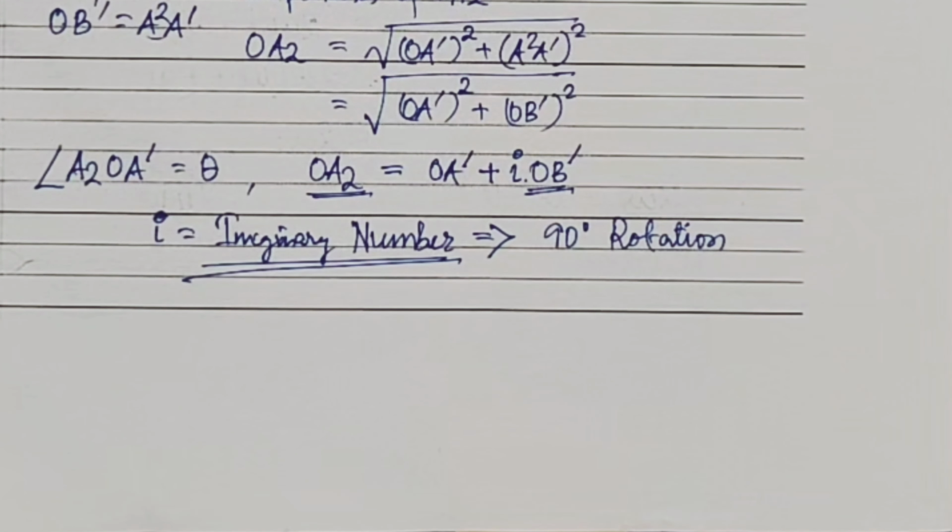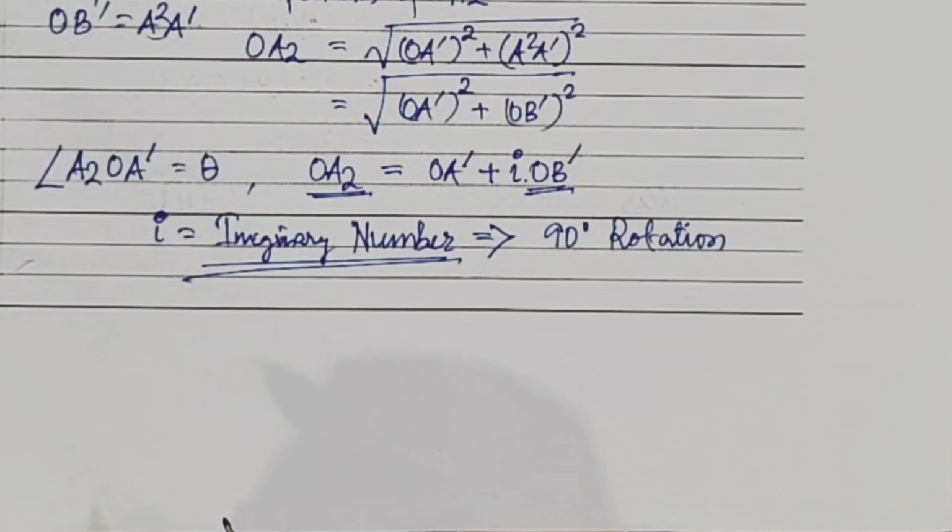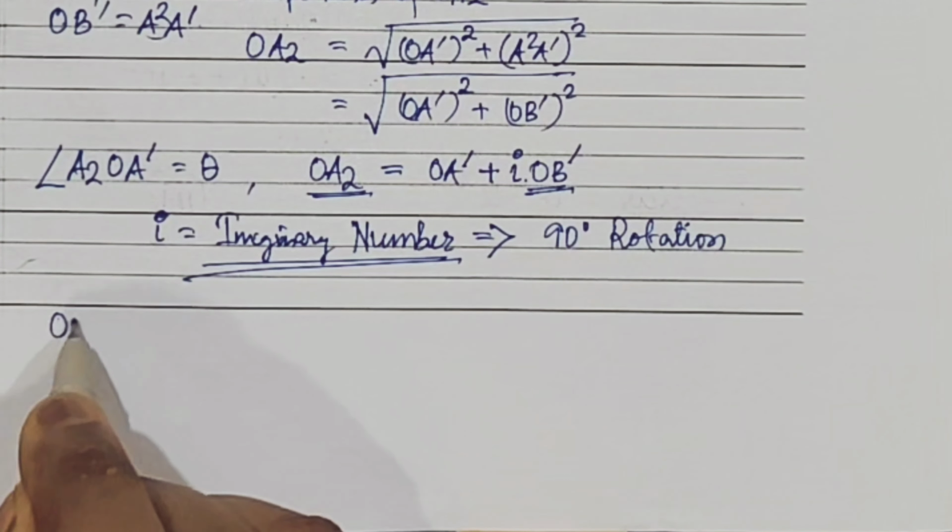Alright, so this leads to our next question. If i is an imaginary number, what is the value of i? Can I introduce the concept of rotation with multiplication? Yes, I can. Let me explain to you how it works. So, let's say you had this scalar OA.